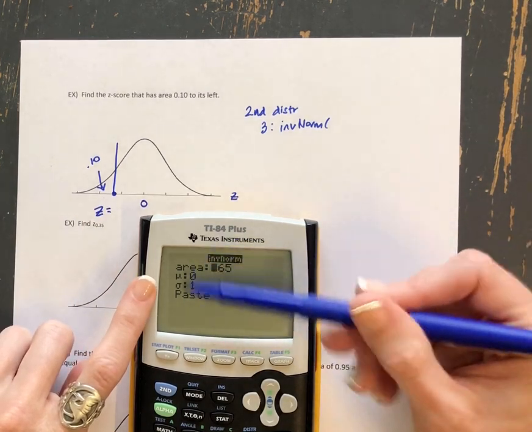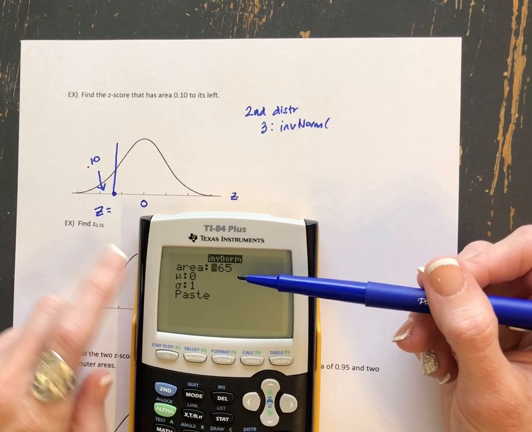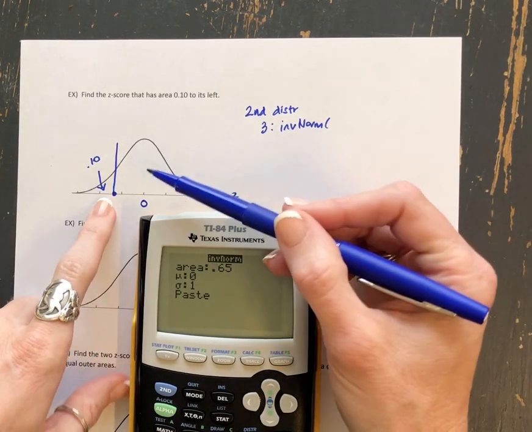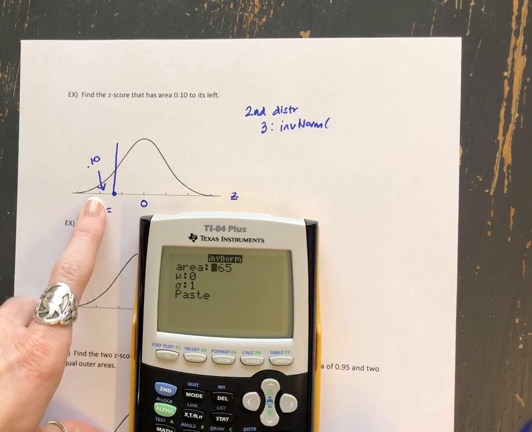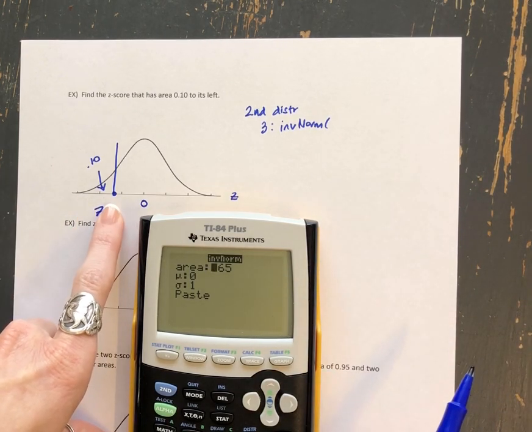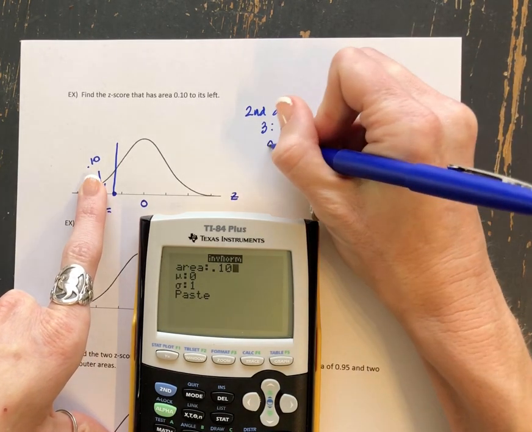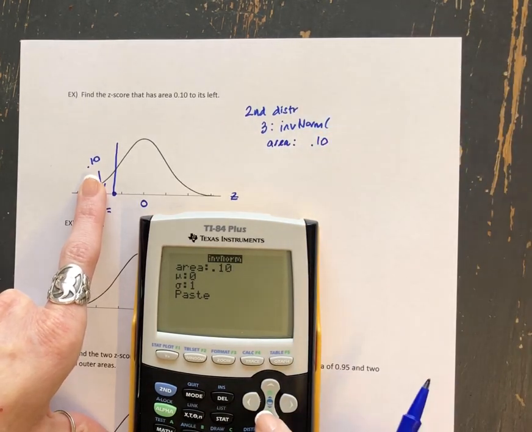When we're entering into the calculator, we always have to enter the area to the left of the z-score we're trying to find. So in this first example, the area to the left of our z-score is supposed to be 0.10. So under area, we're going to type 0.10.